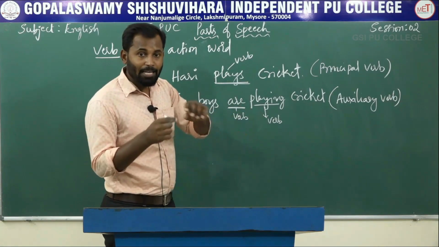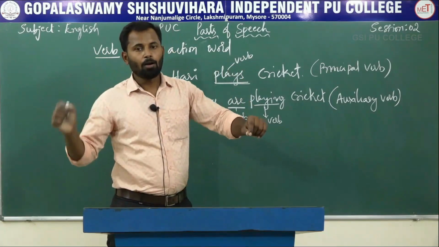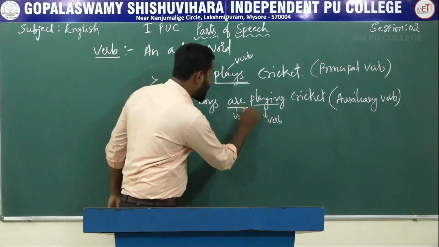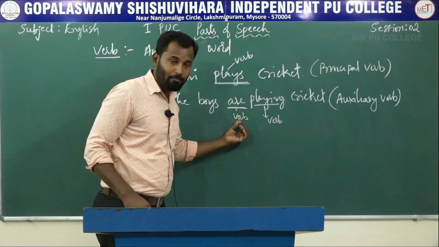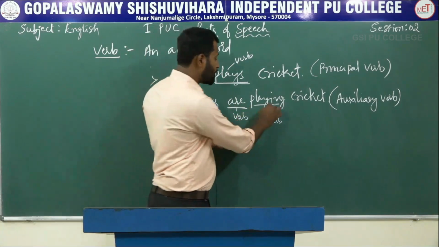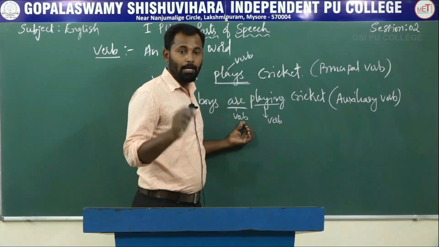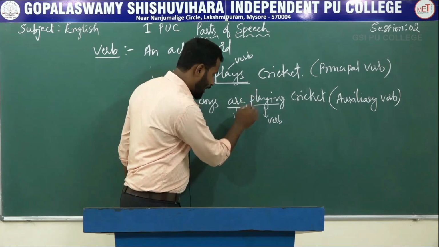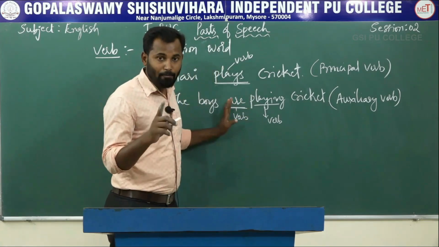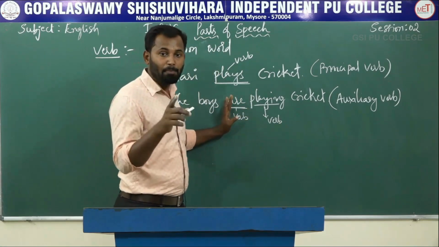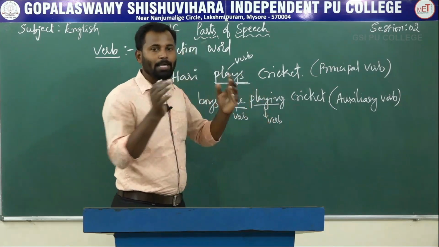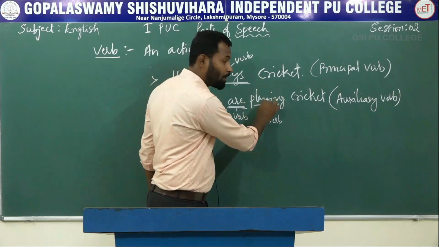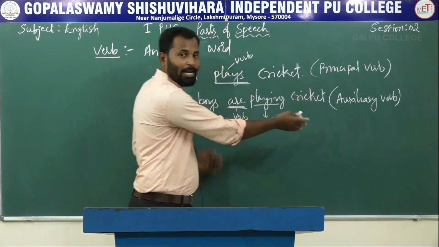You must have either principal verb or auxiliary verb. And here the word are is an auxiliary verb, and you also have the principal verb. An auxiliary verb always takes the help of another verb to complete the action. Here are has taken the help of a principal verb play to complete its action.